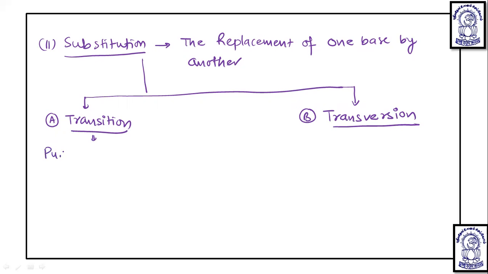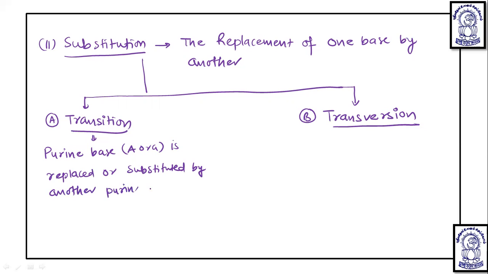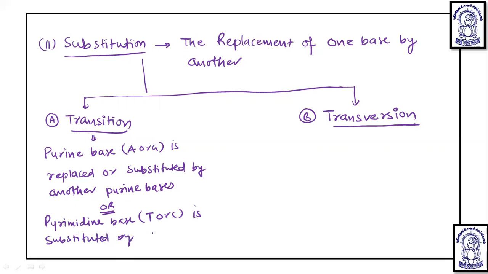So in transition, what happens? The purine base, that is adenine or guanine, is replaced or substituted by another purine base, or a pyrimidine base, that is T or C, is substituted by another pyrimidine base.